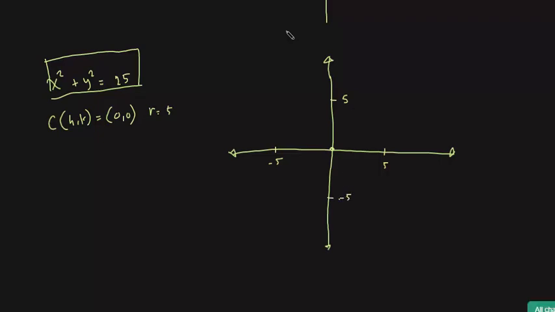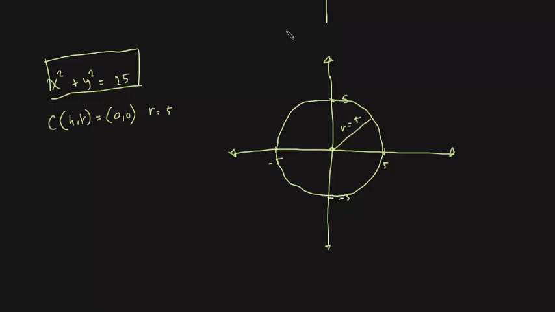Then I draw the circle. We have a quarter of a circle right here, and another quarter of a circle right here. So perfect. Now your radius is equal to 5 units. And that's it.